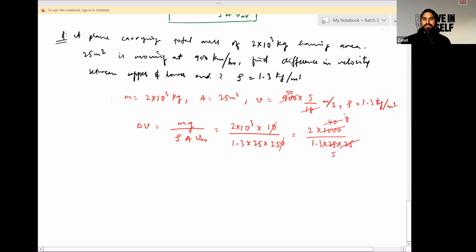So 8 into 2, 16, divided by 5 is 3.2, divided by 1.3. So it will be around 13 2s, 26, 6 0, 13 4s, and about this much. Atif, you have done a mistake.